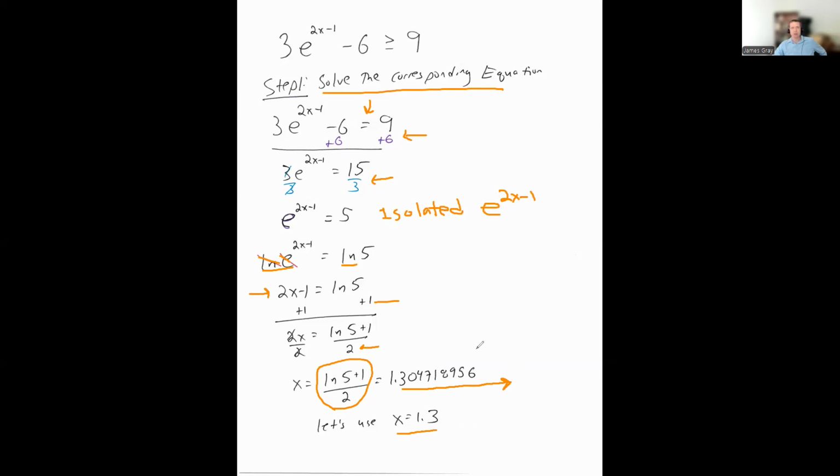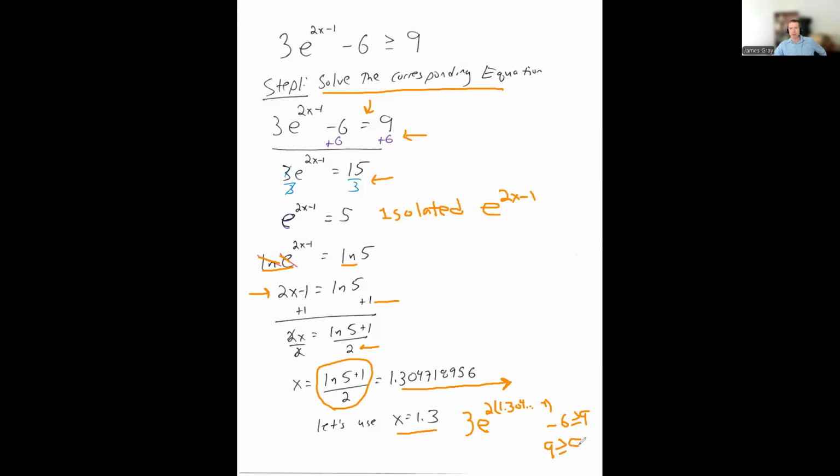I want to remind everybody, what does this 1.3 mean? If I were to plug that 1.3 back into the equation, so 3e to the 2 times, and 1.3 wouldn't be enough, we'd have to do 1.3047, all those numbers, and then minus 1, minus 6, greater than or equal to 9, what we would get out of it is 9 is greater than or equal to 9.